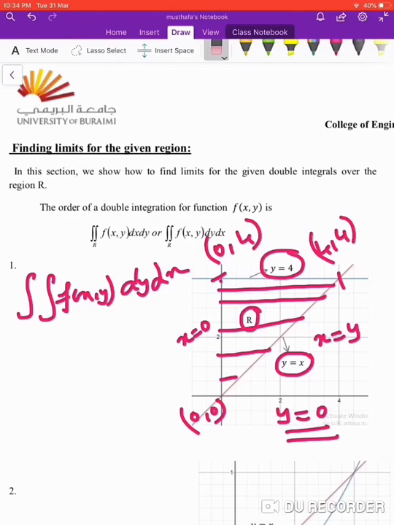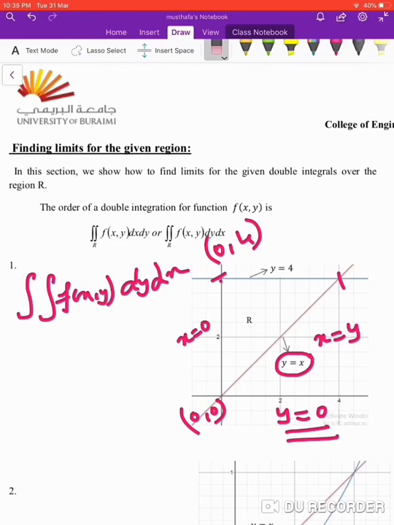If it is of an order dy dx, what does it mean? You are going to shade the given region by vertical lines, right? Let us see. If it is dy dx, I am going to shade it by vertical lines.